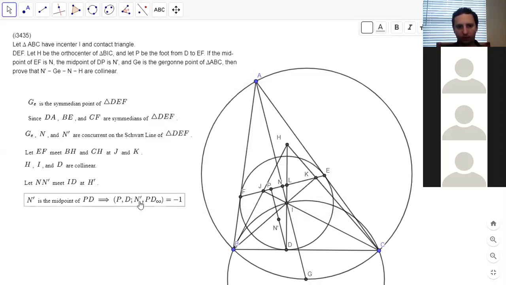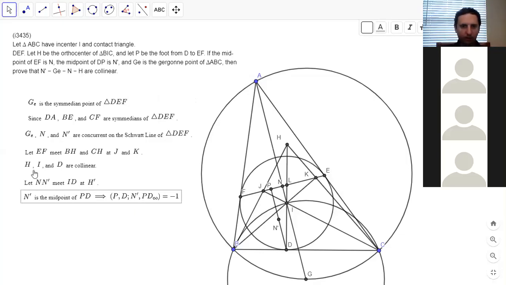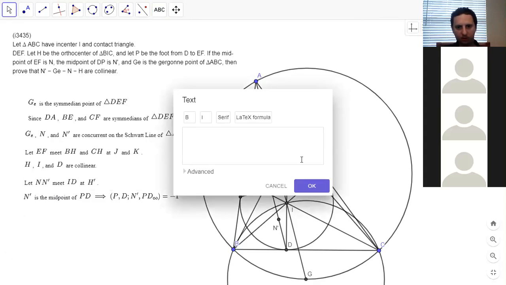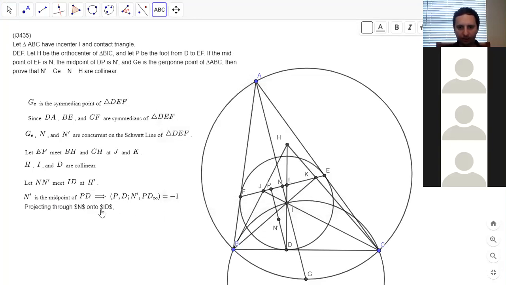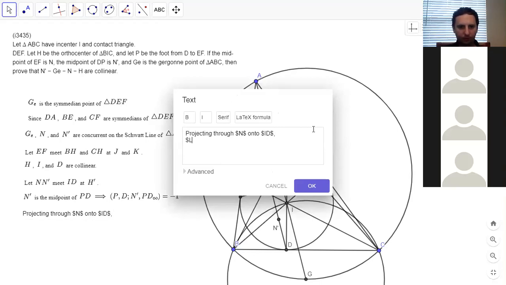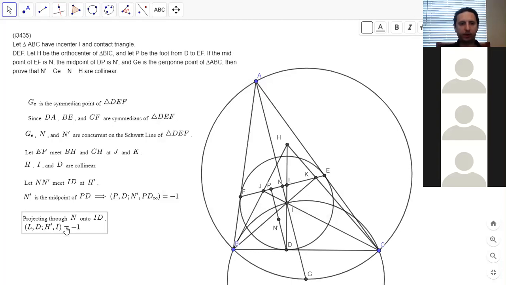Close that. And then, so projecting through N onto IB, then we would have (P, D; L, D), (L, D; H prime, infinity) or (L, D; H prime, I) equals -1, but we know that (L, D; H, I) is -1.